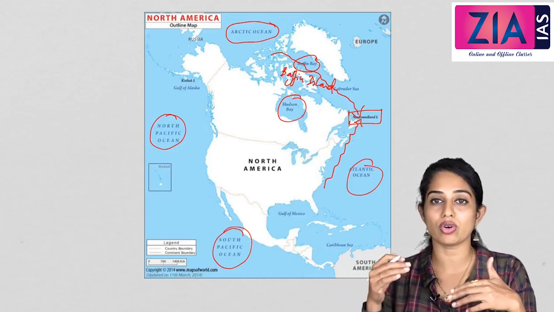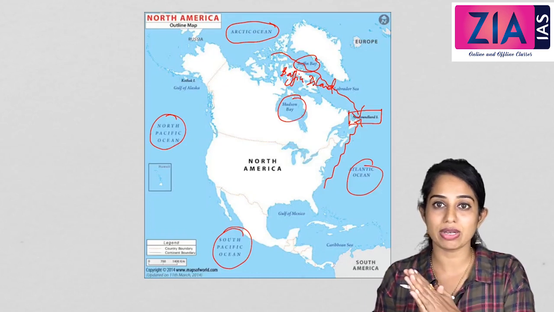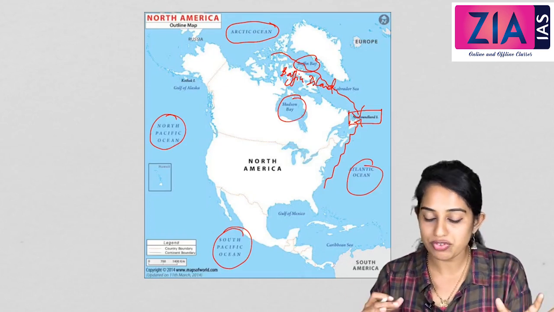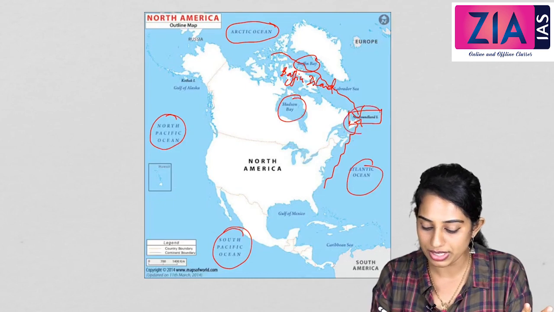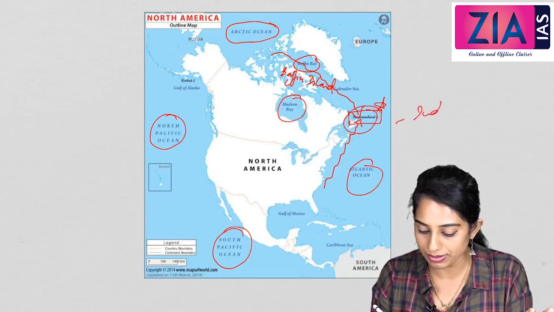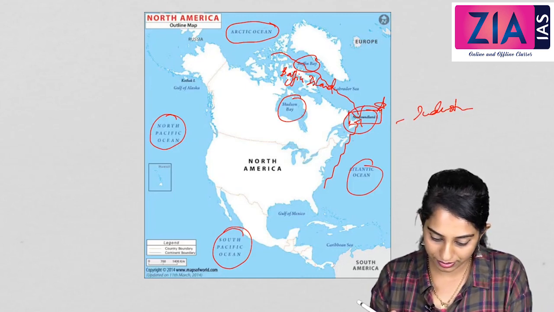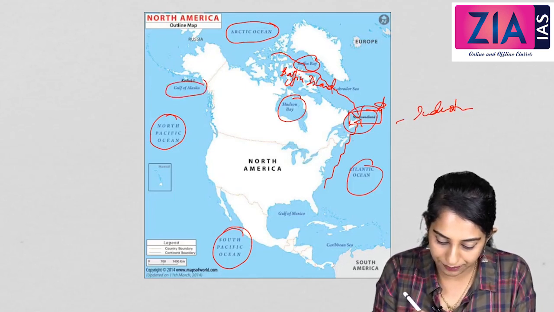A place where a cold current and a warm current meet is a good ground for fishing. So the fishing industry flourishes there around Newfoundland Island, a very important industrial area for America. And we have the Gulf of Alaska here.